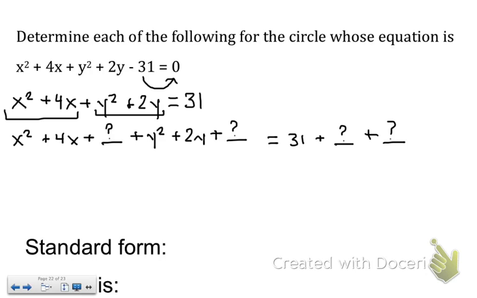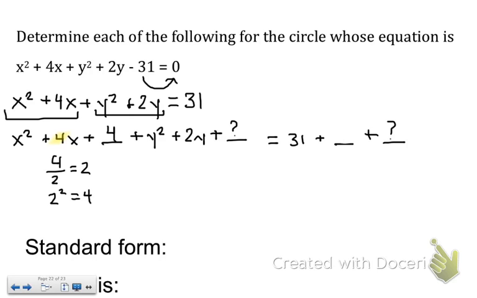So here is my k. That 4 is my k for the x terms. So I'm going to divide that by 2, which is equal to 2, and then I'm going to square it. 2 squared is 4. So the missing number that I'm writing in on that first blank is 4.